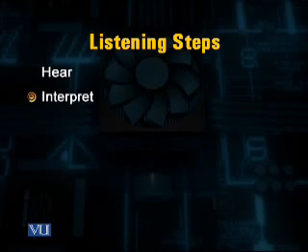The second point that you see listed on the chart is interpreting the message. Observe the speaker's non-verbal cues, which consist of gestures, facial expressions, and tone of voice. Some things are said in such a tone that the person saying them is not convinced of the message.